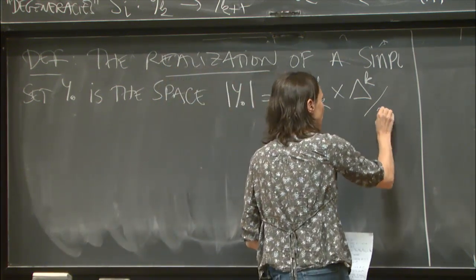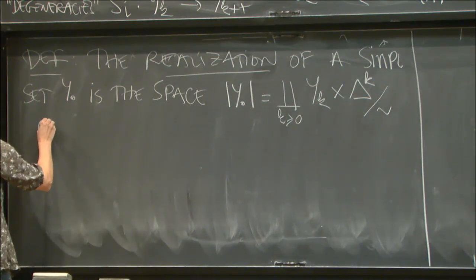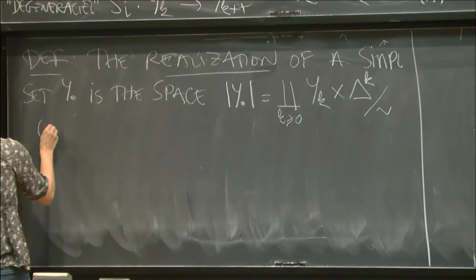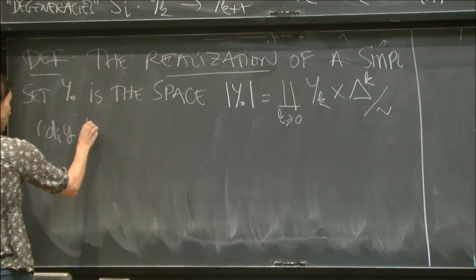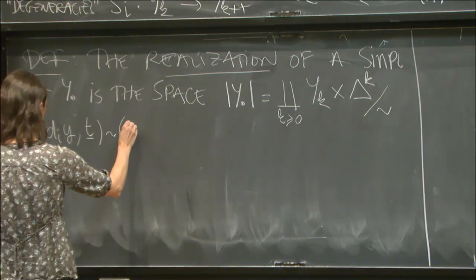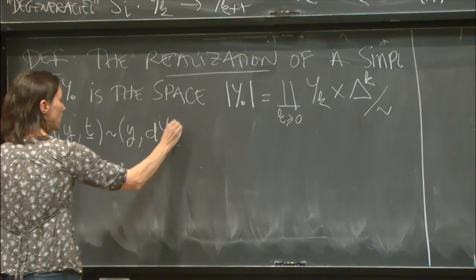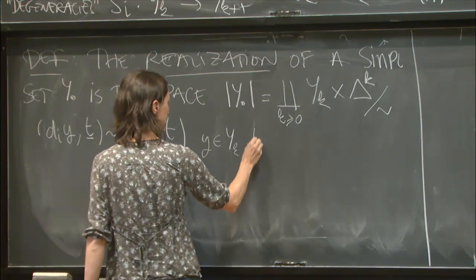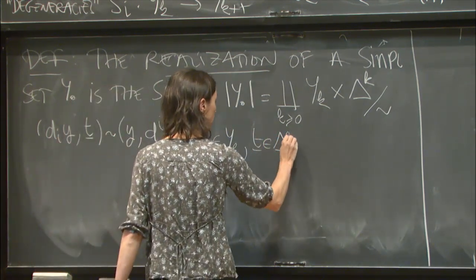So I mod out by an equivalence relation, which says: if I take the boundary d_i of a little y, a point t in the simplex is equivalent to, let me write it and then talk about it, y d^i t, where y is in Yk, say, and t is in delta k minus 1.